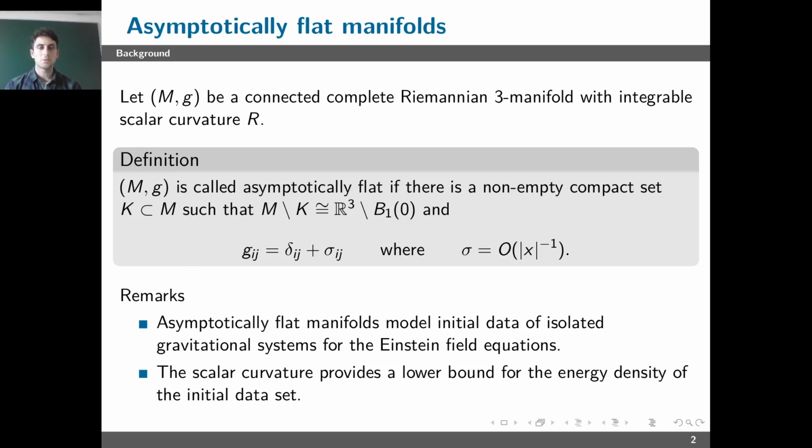So an observer who moves very far away from these masses is going to feel very little gravity, corresponding to the space-time and also the initial data set being asymptotically flat. And now in this physical context, it turns out that the scalar curvature doesn't only have a geometric meaning but also a physical one, because it provides a lower bound for the energy density of the initial data set. So in particular, for the initial data set to be physically viable, the scalar curvature should be non-negative.